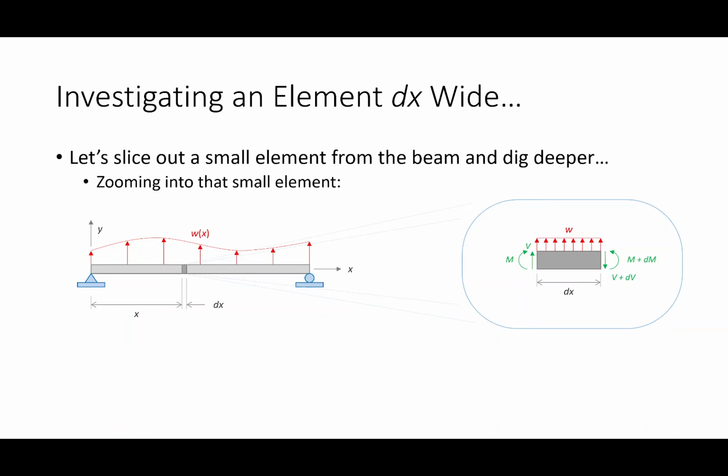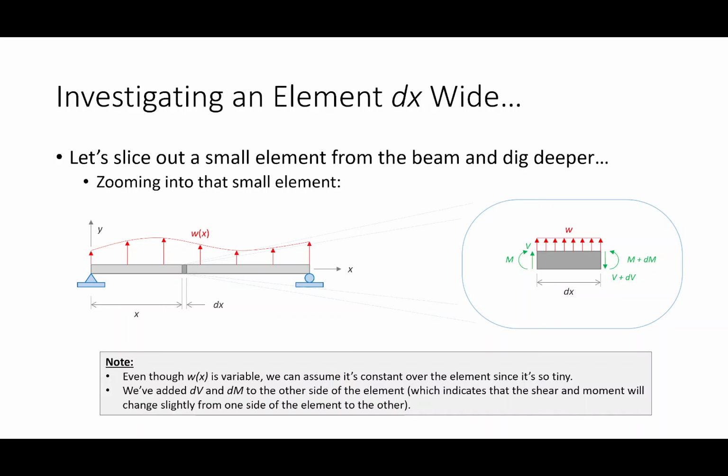And then I'm going to have moment over here, and on this side I'm going to have moment plus some increment. The idea is I want to figure out, as I take my samurai sword and move my section cut across the span, how much the shear changes and how much the moment changes. Does that make sense?